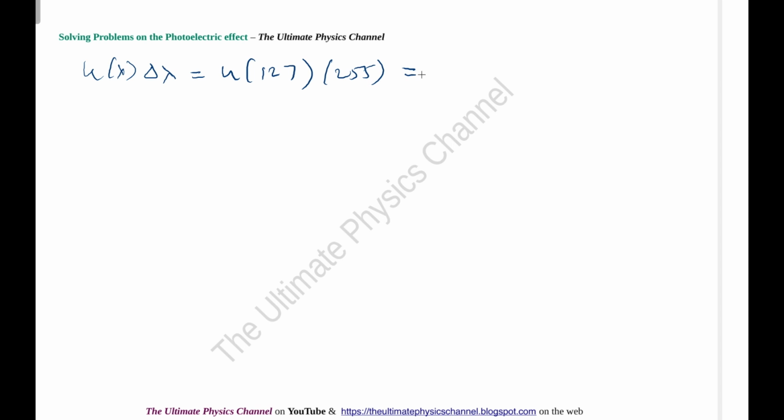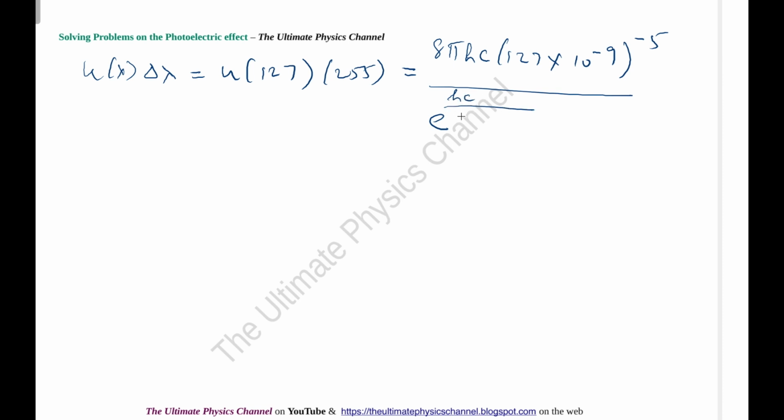And then on the right hand side we would have the entire 8 pi hc lambda power minus 5, so that is 127 times 10 power minus 9 for nanometers power minus 5, and in the denominator we would have exponential hc over lambda kT. I'm not putting the numbers here because it would be too clumsy. So kT, Boltzmann constant times the temperature. Temperature I already mentioned, we have to take about 5800 Kelvin.